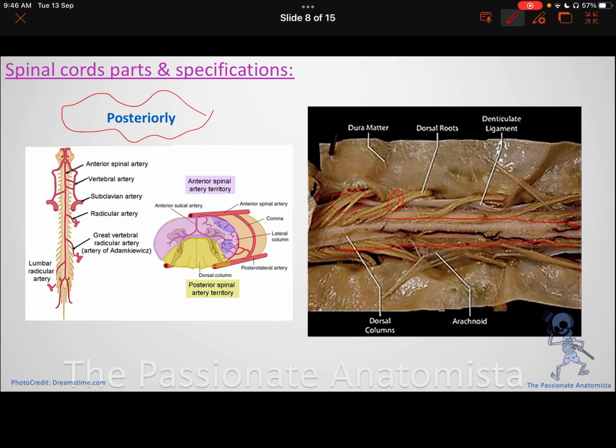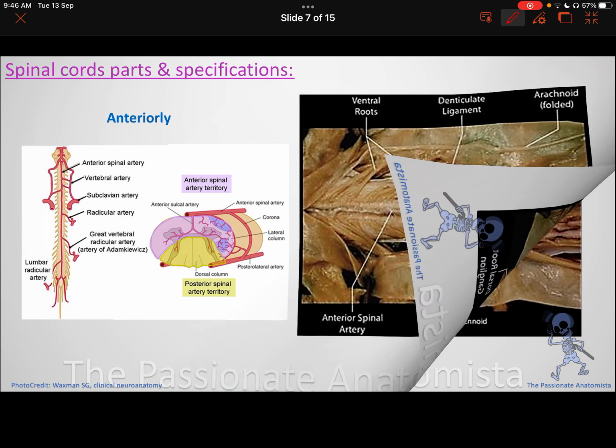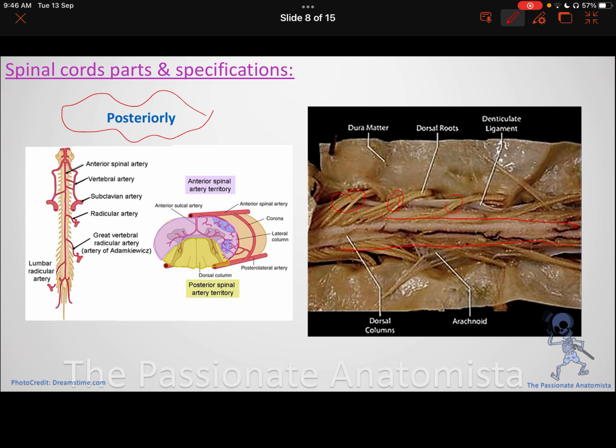So these are the dorsal roots. If you can see only one spinal artery in the center, it means you are anteriorly, and what you have here is the ventral motor roots. This is a very important area of exam questions and practical exams, all right?